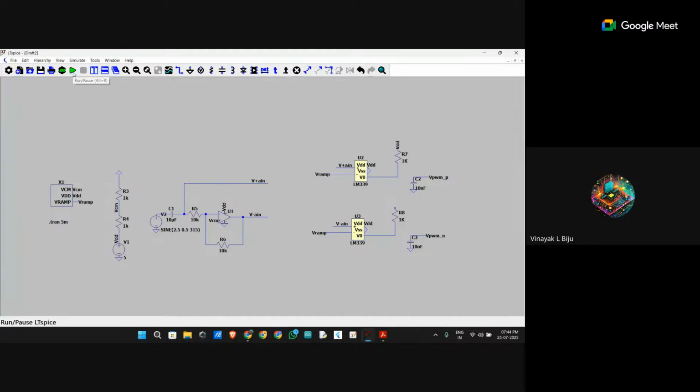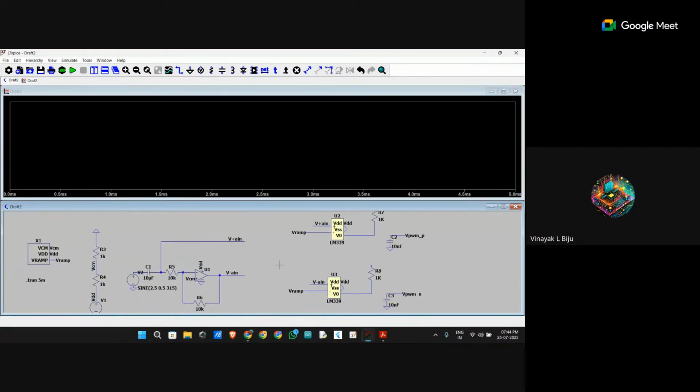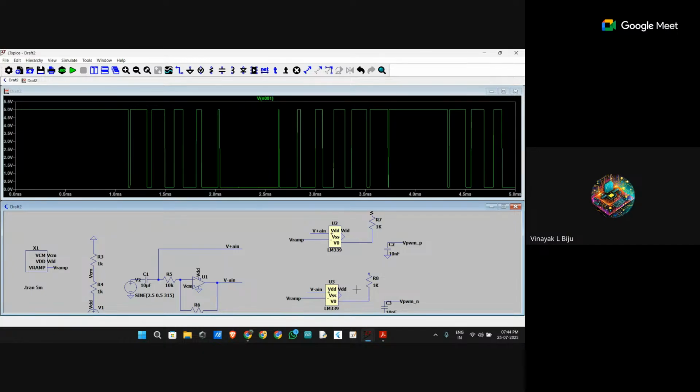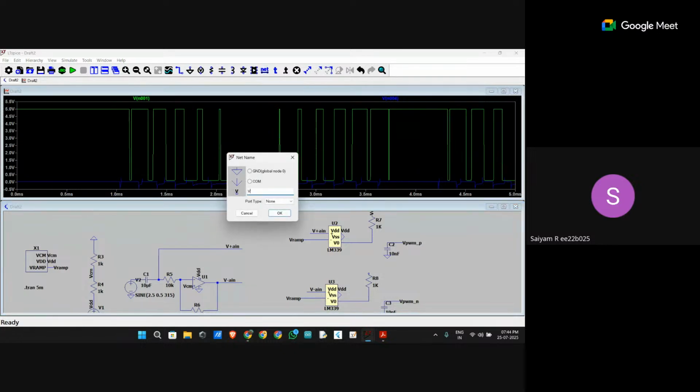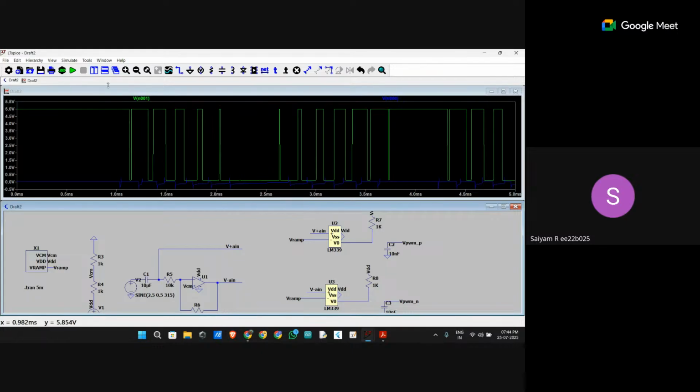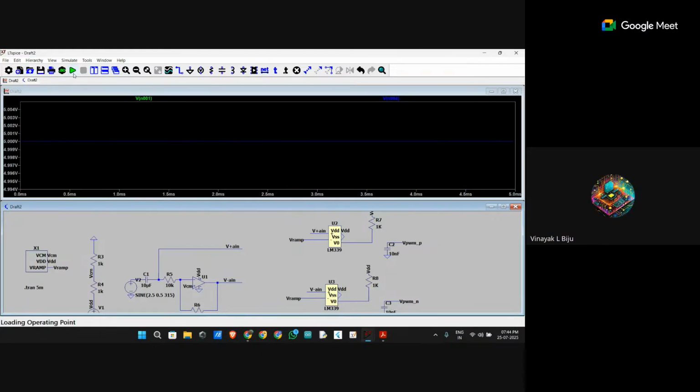But for the second one, it is not working. Connect VDD once. It's 5 volt constant. Loading is happening, I think.